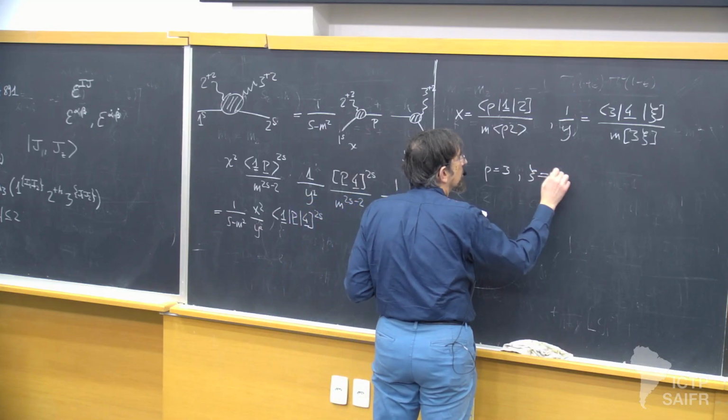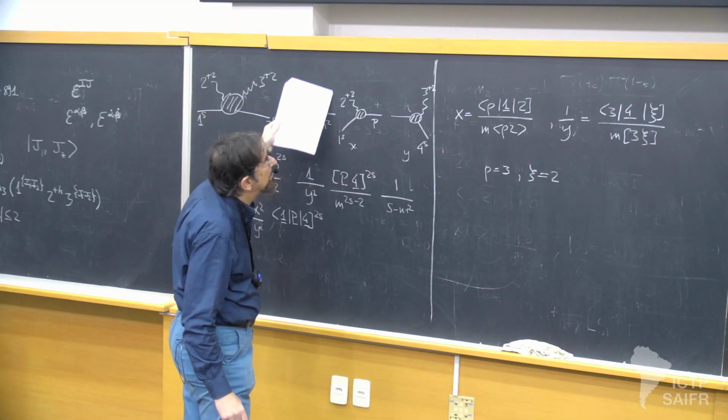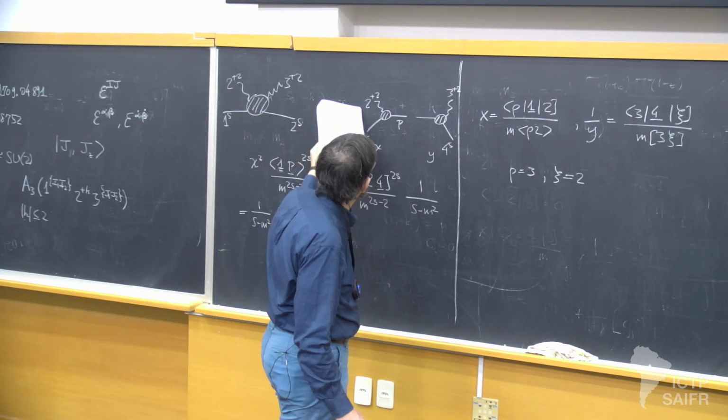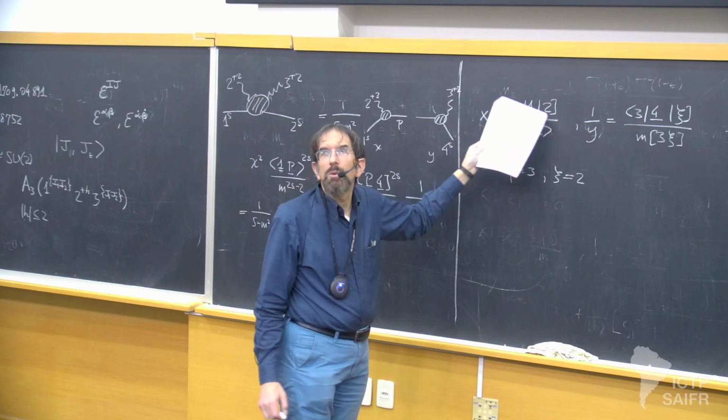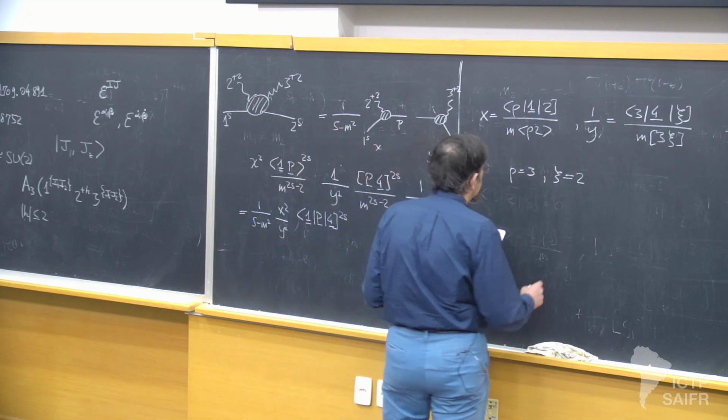I'm not allowed to choose, of course, the same massless momentum. I can't choose 2 for rho because that would result in a singular expression.